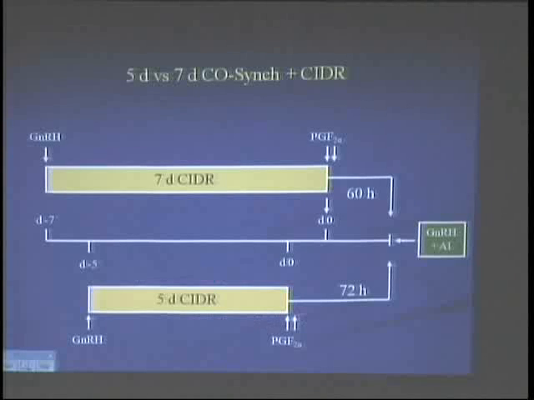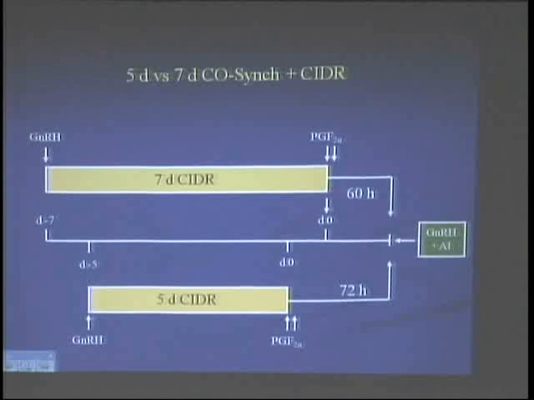And so then when we remove the CIDR, we would get a more responsive follicle to the increased LH pulses that would come here, and perhaps produce more estrogen, more standing heats, and improve our conception rate.